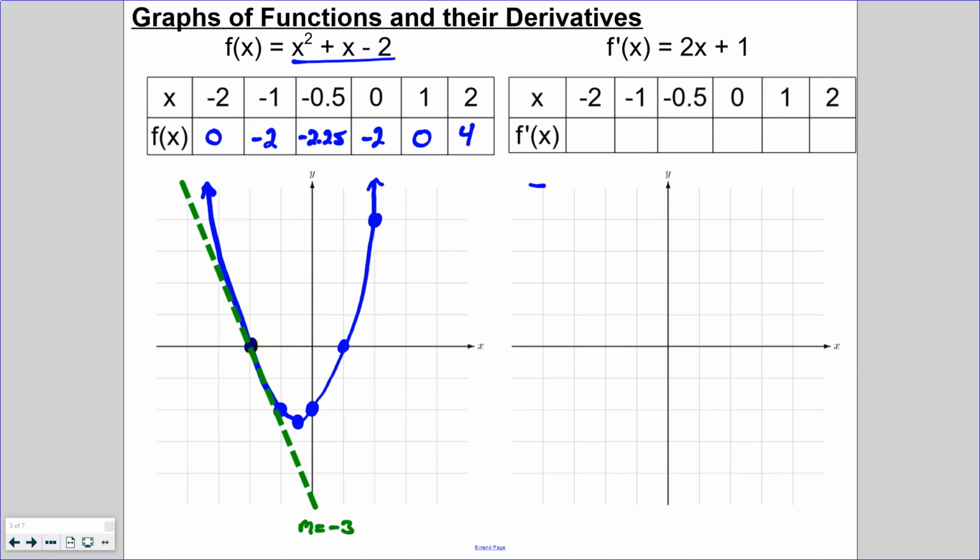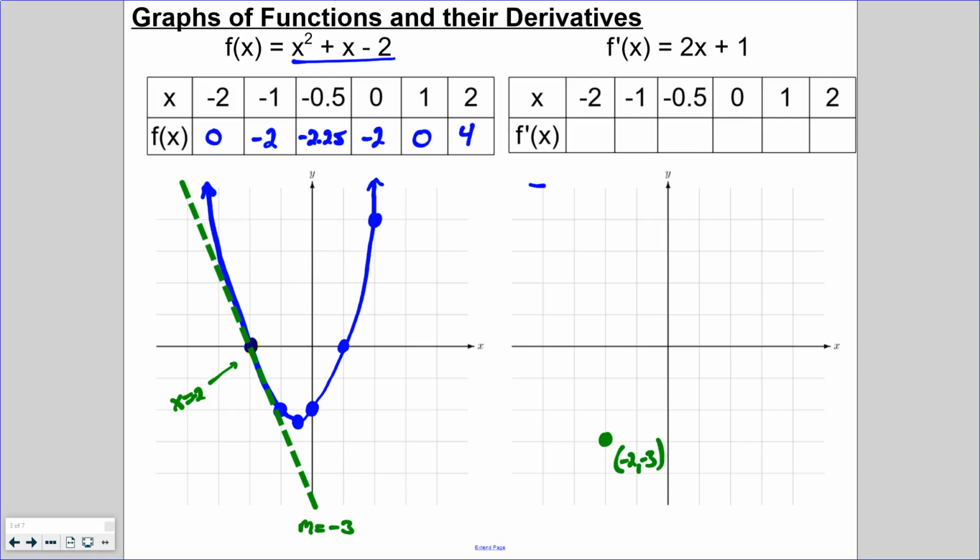So at x equals -2, the slope is going to be -3. On the derivative graph, we're going to plot the point -2, -3, because -2 is the x value, and then the output of the derivative is the slope.